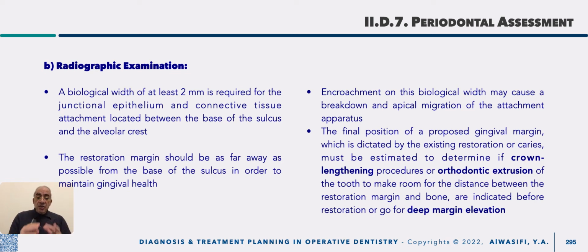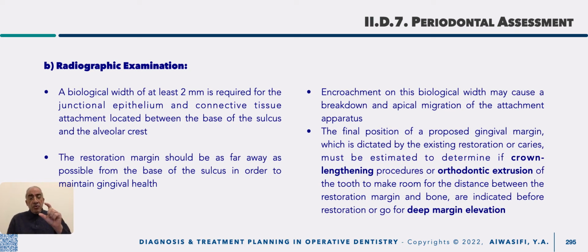the possibility of recurrent caries. That's why your restoration margin, in the case of compound cavities or proximal cavities, especially because we can't inspect the proximal area unless we have a radiographic bitewing view, should not encroach on or violate the biological width.